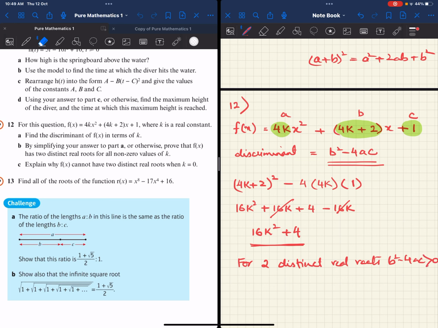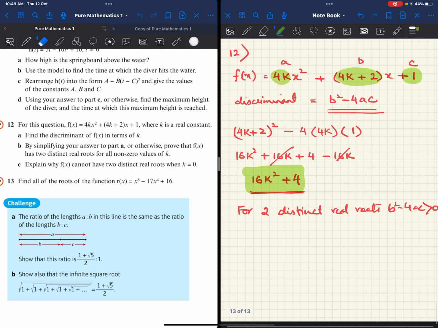So let's check. This is the value of b squared minus 4ac we got. Let's see if this is greater than 0. So we have 16k squared plus 4. Now the value of k is any real constant. It is given here that k is any real constant.